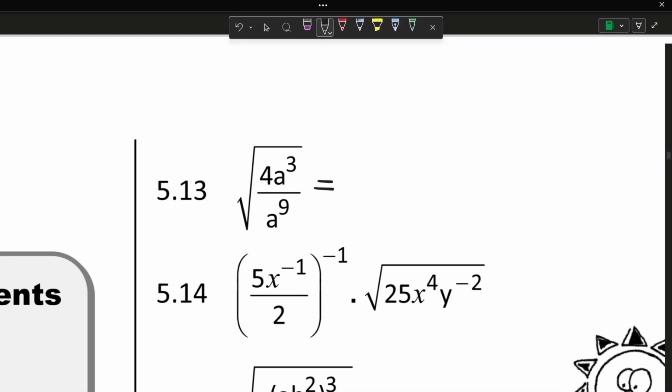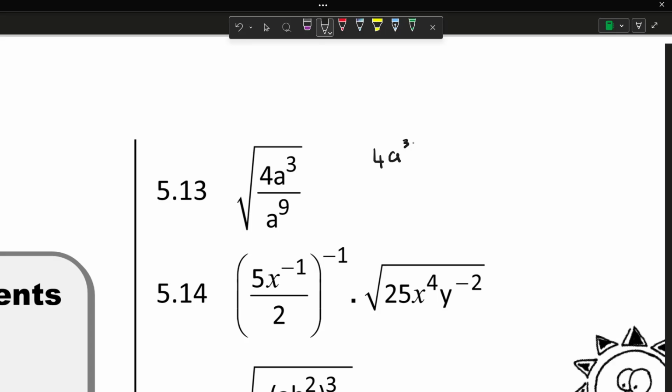Alternatively, what we can do is we can say, oh, sorry guys, I've approached this wrong, that's my bad. 4a to the 3. Yep. Let me make this a little smaller. There we go. Got this 4a to the 3, right? And we got that a to the 9 on the bottom.